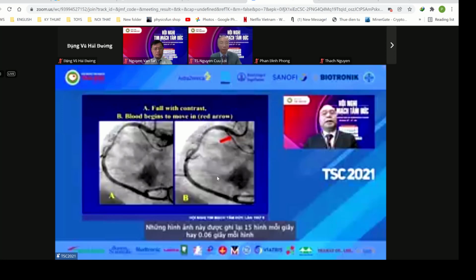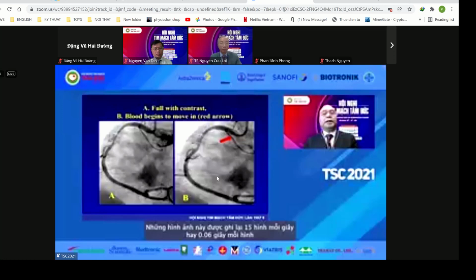Now, this is a slow run of angiogram, and we will see that the distal RCA, which is in the AV groove between the right ventricle and the left ventricle, does not have any contraction.